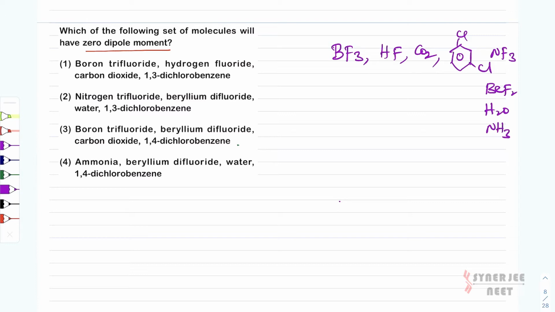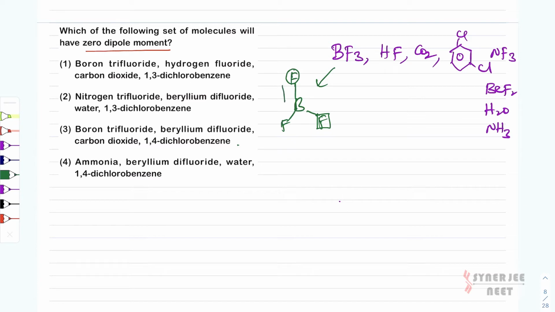Now as we see here, BF3 structure is like this: boron, fluorine, fluorine, and fluorine. It's a symmetrical molecule. No matter which fluorine occupies the top position, it does not matter. If you rotate 120 degrees and make this fluorine occupy the top position, it looks exactly the same. Whenever a molecule is symmetrical, its net dipole moment will be 0.